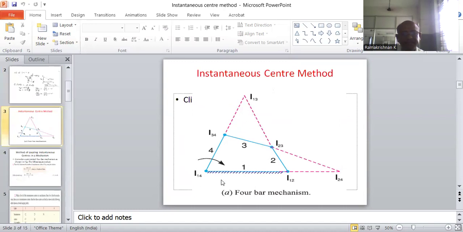Here from the diagram, here I-13, at the junction of I-14, I-34 and I-12, I-23. So we can extend the lines from the mechanism, both join at one point, it is called I-13. Similarly, I-24 can be located.